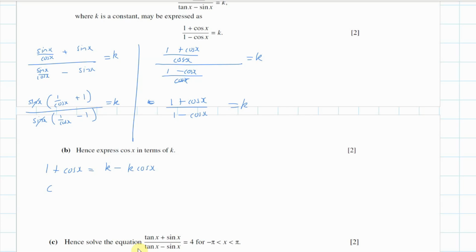I'm going to move the k cos x over to here, and I'm going to move the 1 across the other side, so then I can factorize out my cos x. So I get 1 plus k, k minus 1, and then I've now got cos x. By dividing that 1 plus k bracket across, I've got cos x in terms of k. Well, that was pretty easy really, wasn't it?